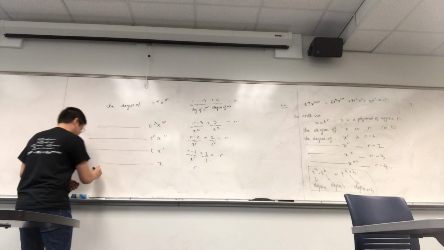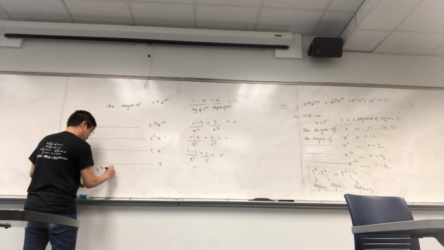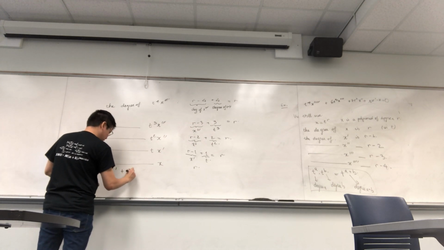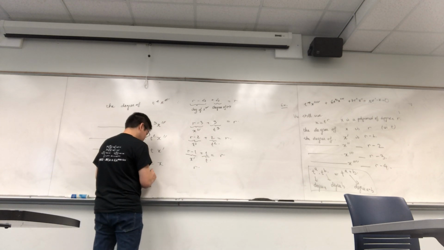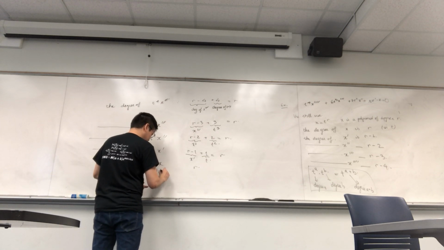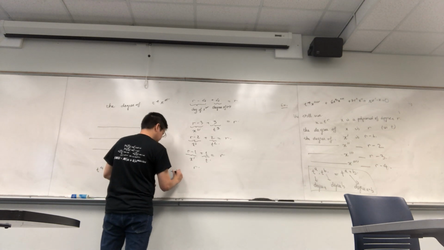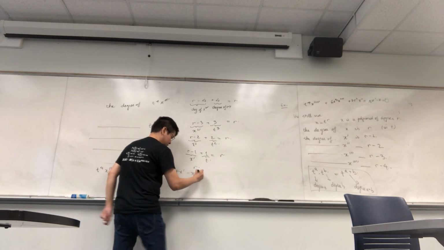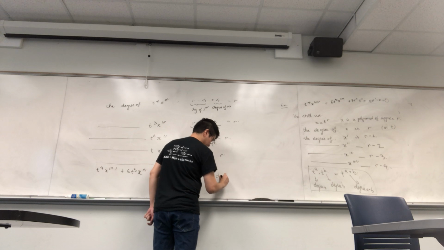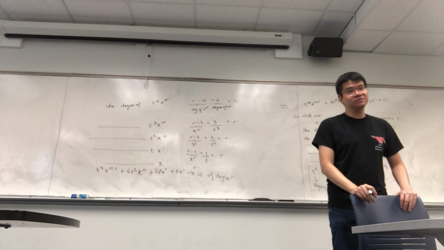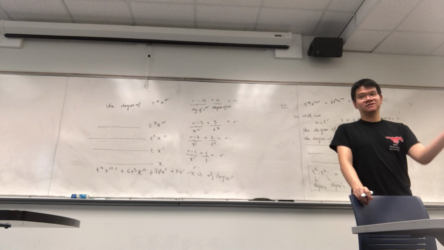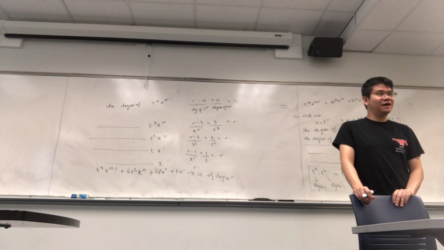So t to the 4 x fourth plus t cubed x third plus t squared x second plus t x prime minus x is of degree r. That means you can find a characteristic equation, because you can pull t to the r outside.